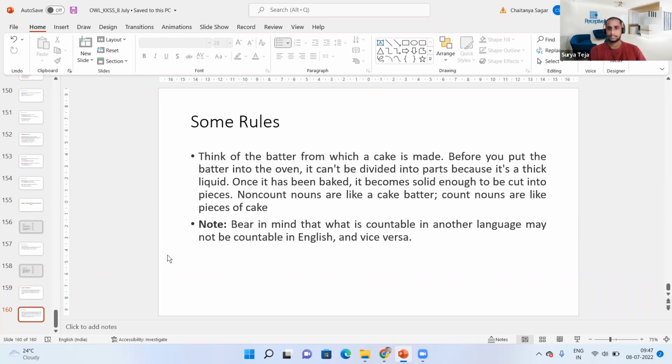And if you see some basic, one common rule, something expressed in English might not be very relevant in other languages, because there are certain things in other languages which we also express in English as well. So for example, something I say in Telugu, if it is expressed in English, then these count and non-count noun rules might not be relevant there.